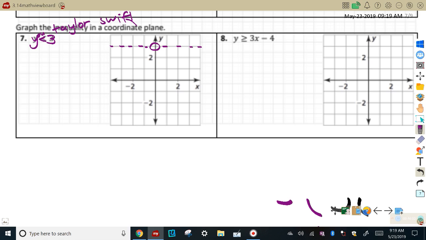Now, if this line is the money line for Taylor Swift, and you were less than this 3, which we'll say is Taylor Swift, would you be above her on the money, or would you be below her? You would be below her. So you would shade everything below.